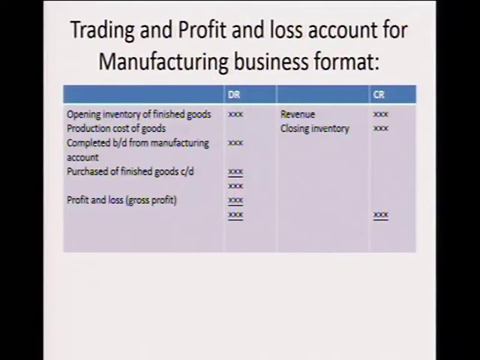And then on your credit side of the trading account, we have revenue. As the format is saying revenue, you go to the given information, take the amount, write it on the credit side, and then you go to the given information, you write closing inventory as the format is saying, take the amount, put it on the credit side, and then you balance off your trading account.